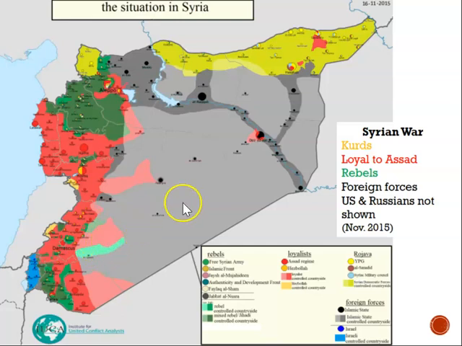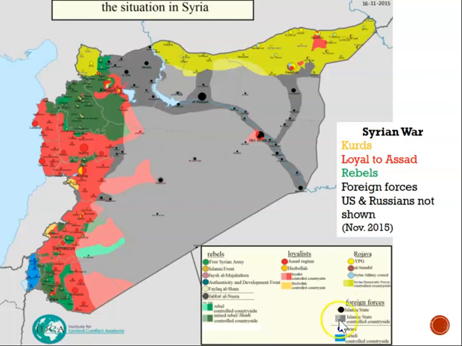And then, of course, what's not shown on this map at all is the United States influence here. We don't have ground troops there, but we do have air strikes, and we have sent in advisors, that sort of thing. And of course, the Russians are doing the same thing. The outsiders that are there are listed in gray.